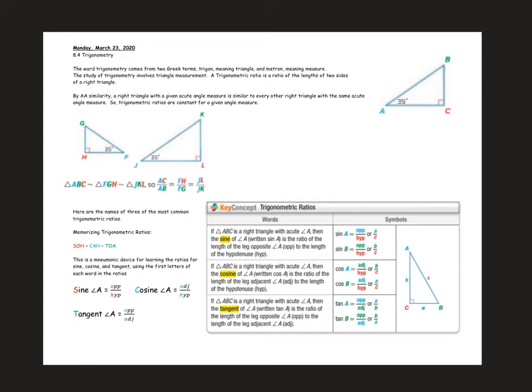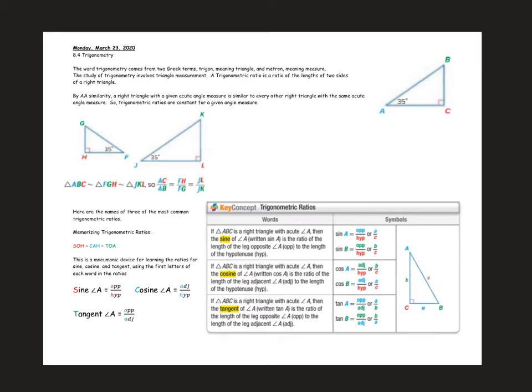In triangle ABC, with acute angle A, the cosine of angle A, which we abbreviate COS, is equal to the adjacent side, the side that is next to angle A, so that is segment AC, over the hypotenuse, which is AB.